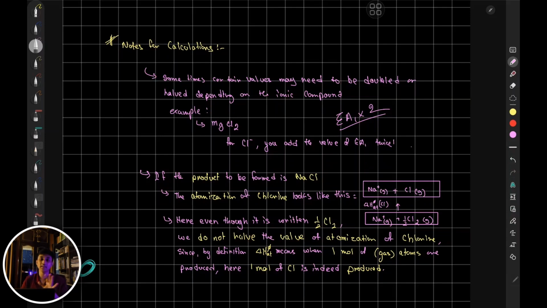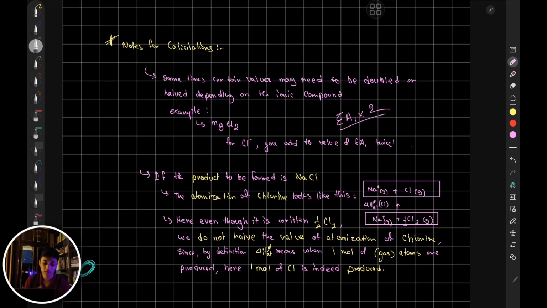You don't bring in the successive electron affinities. So let's say it is, what could it be? Oxygen O-1. So in that case, you're going to have only the first electron affinity. In case of oxygen 2-, or the oxide ion, you're going to have first electron affinity, and then you're going to have second electron affinity.